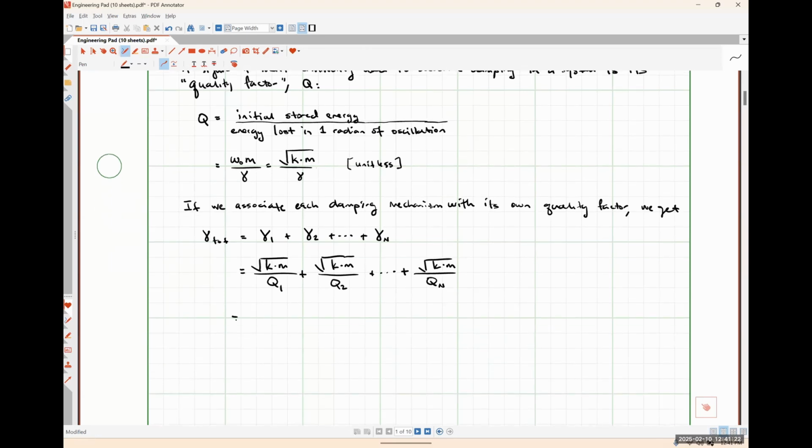There's a common factor of the square root of k times m that we can take out. And so here I'd have 1 over Q1 plus 1 over Q2 all the way out to 1 over Q sub n.